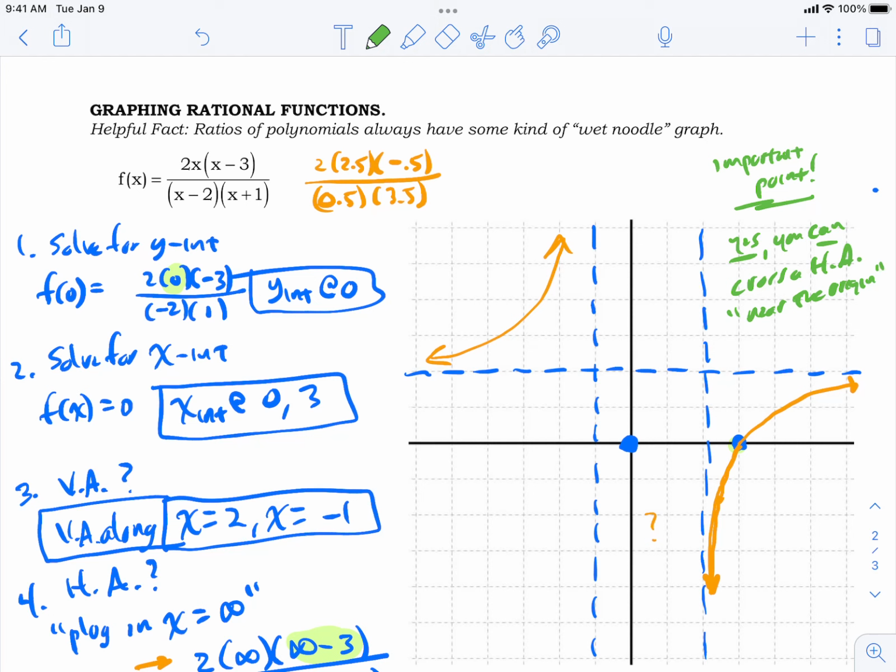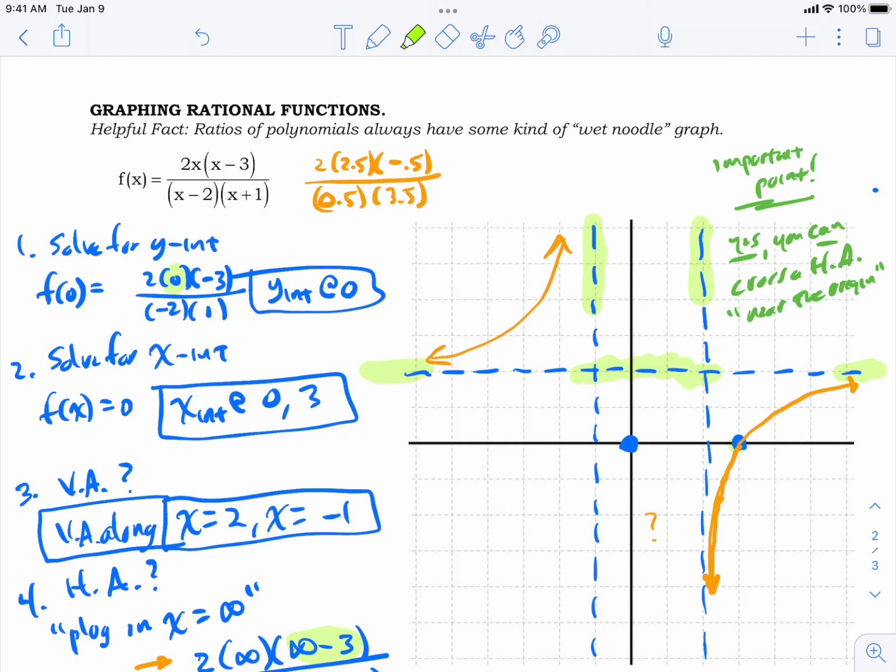It just means you're not going to cross the horizontal asymptote out here, and you're not going to cross the horizontal asymptote out here. It is going to level off without touching the horizontal asymptote out here. But near the origin, so to speak, just in the general vicinity of the origin, yeah, I could cross that asymptote there. I could. It can happen. Remember, the reason you cannot at all touch a vertical asymptote is because there's a division by zero there.